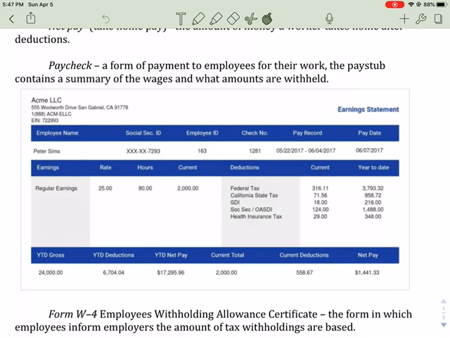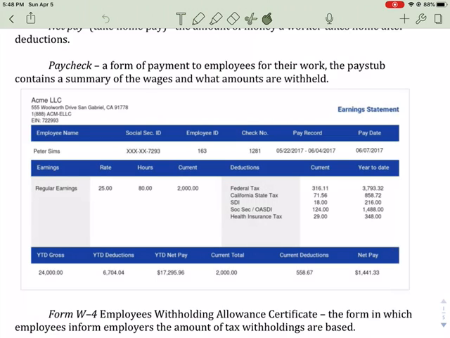And on your pay stub, you have all kinds of information, like your ID number and how much you make. So here's an example of one with the rate of $25 an hour, and there's 80 hours. This is for a 2-week period, and that's how much you make. Then you have to take out your federal tax, state tax (this one was from California), Social Security tax, health insurance.